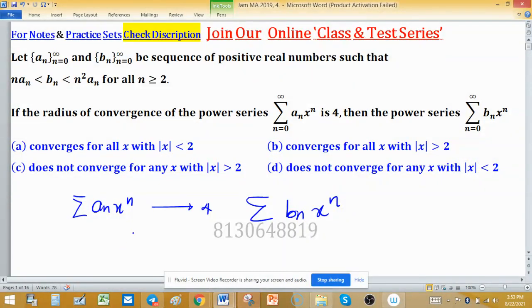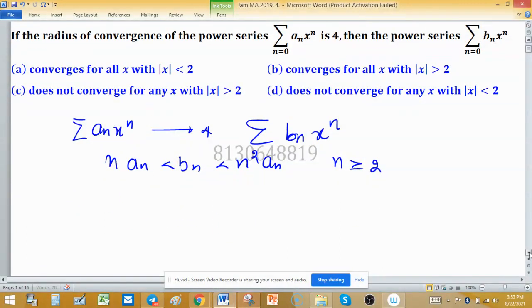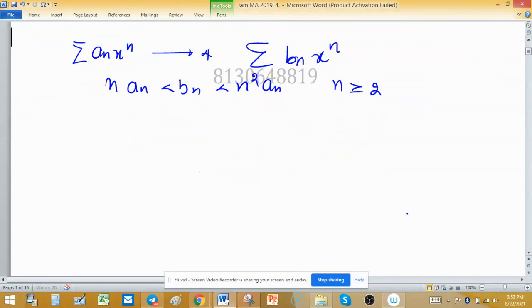So an inequality is given to us: n a_n < b_n < n² a_n, and this is true for all n ≥ 2. The radius of convergence of any power series can be found with the help of these three formulas.